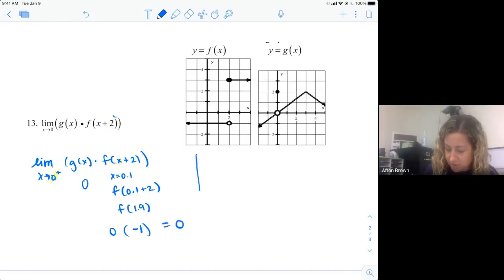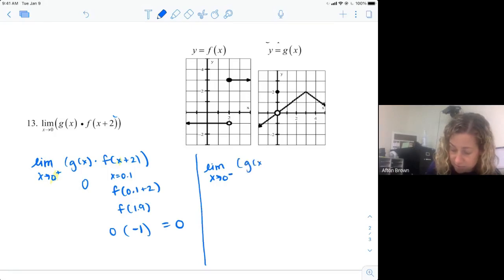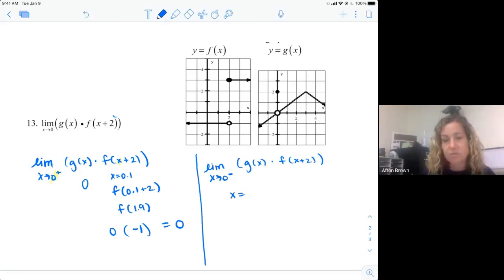Let's see if it makes a little more sense if we compare the other side. So now I'm going to do 0 from the negative side. So G of x times F at x plus 2. One thing we could do is just plug in a value that's just barely to the left, like -0.1. -0.1 is just barely to the left.